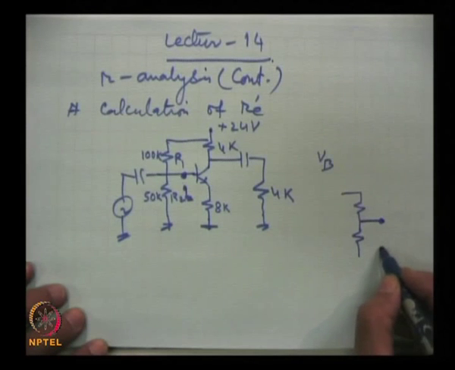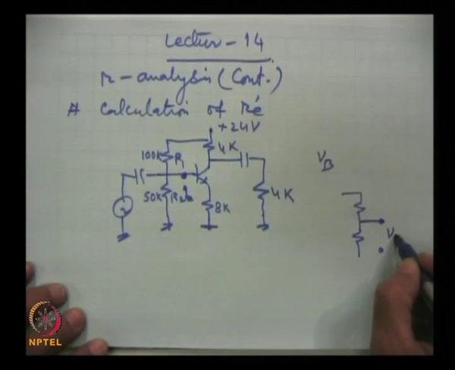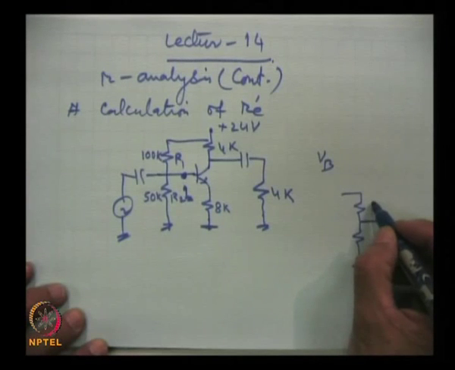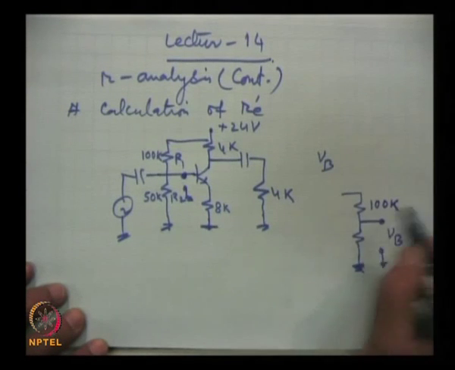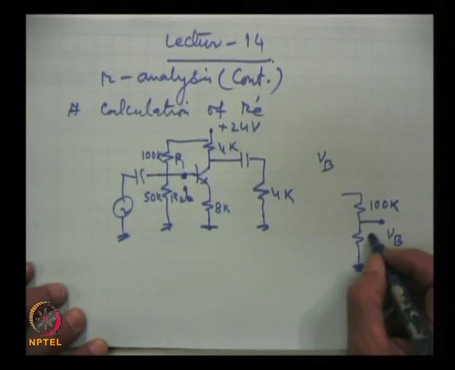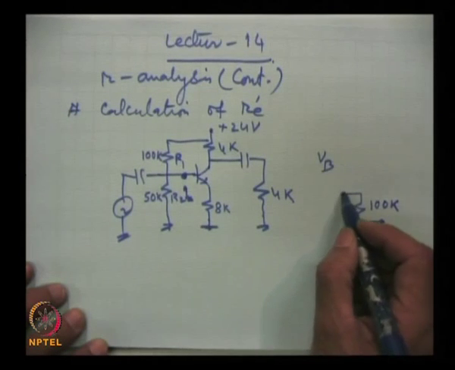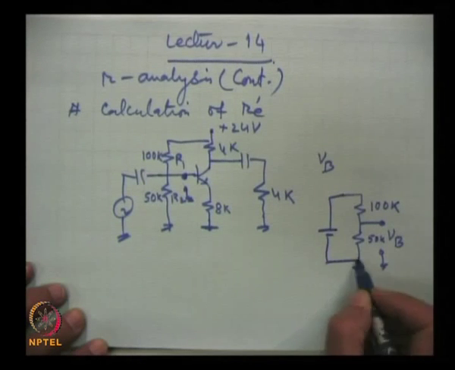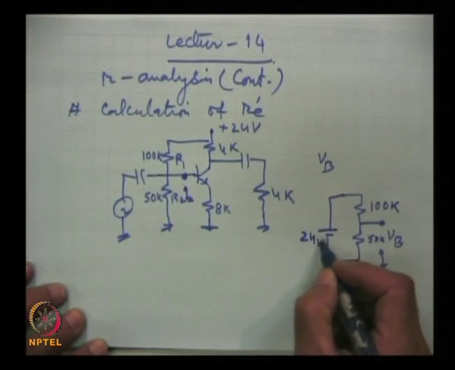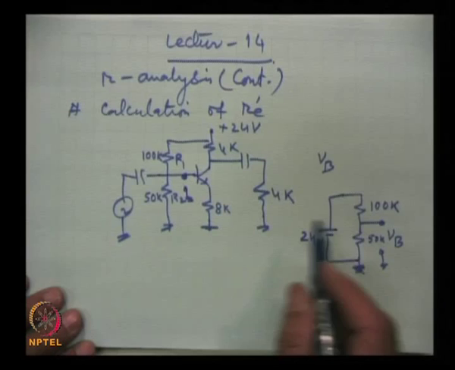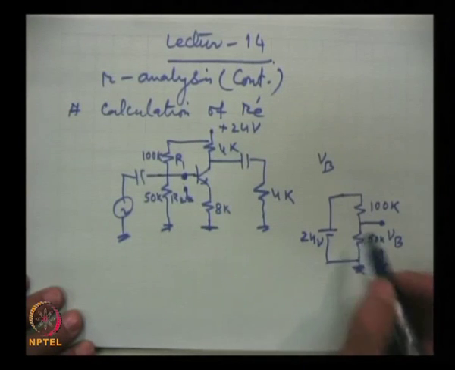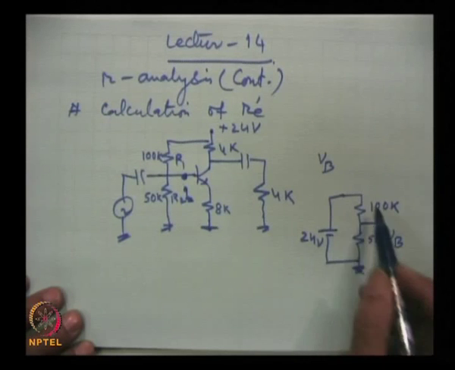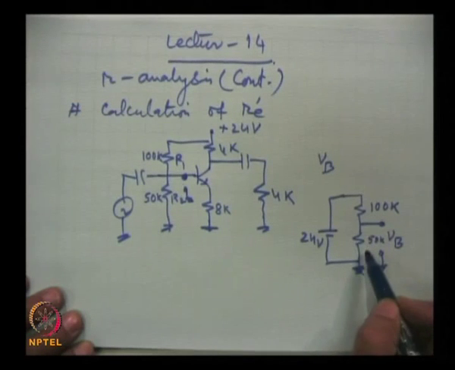This is the point where we are seeking this voltage. This is 100 kilo ohms, this is 50 kilo ohms, and this battery is 24 volts. Then what will be the current through it? The current will be this voltage divided by 100 plus 50.